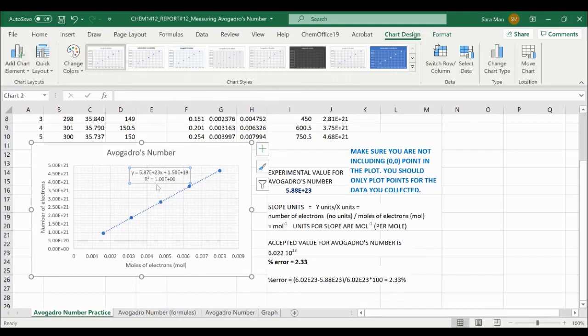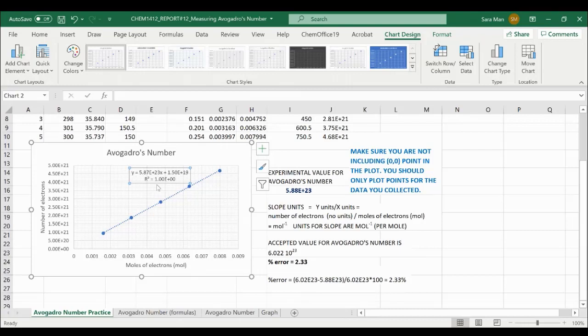So you know that it's indicating how good the data fits the line. Look how good our number is. It says 1. If R-squared is less than 0.95, we're going to say, oh, we might have serious problems with the data. But we have excellent data.